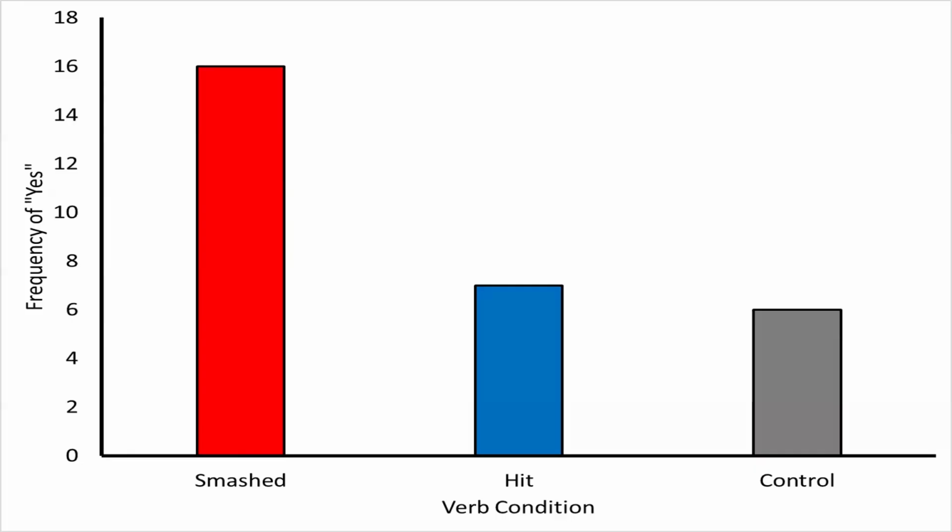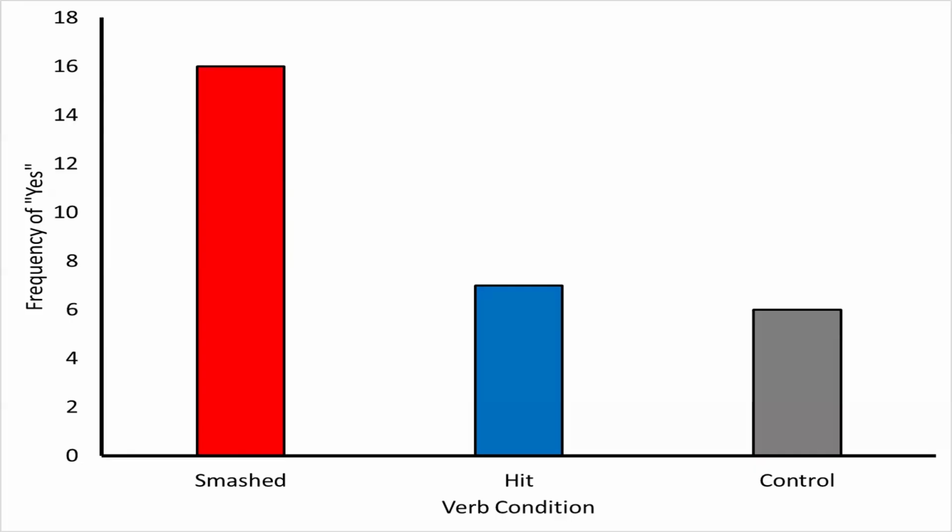It's kind of hard to just visually tell, well, is the hit condition 7, is that 6, is that 8? So it's a little hard to get the exact numbers, but in terms of understanding what's going on, what's the distribution of frequencies in this study, it's much more readily apparent in this visual format.